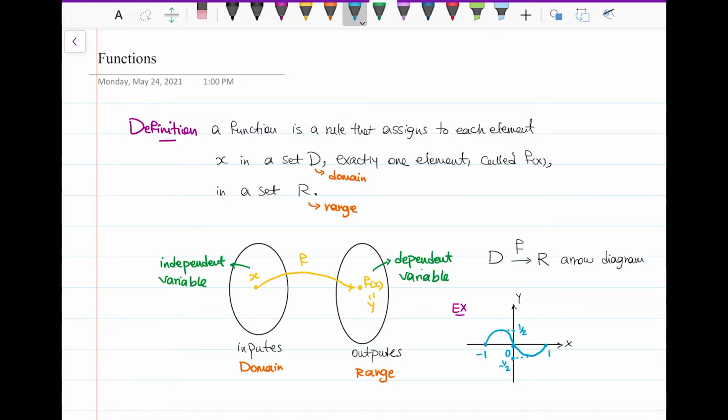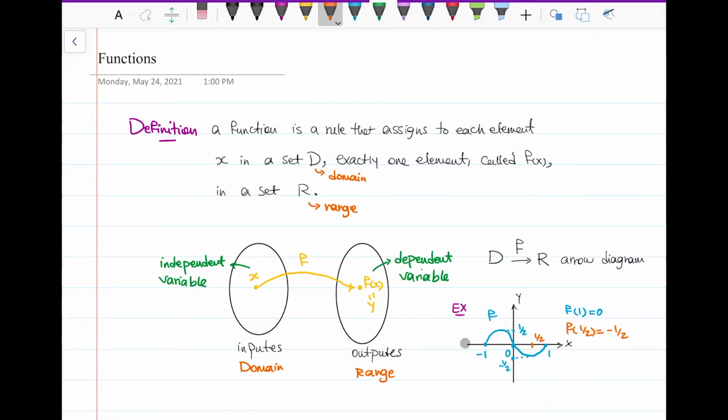This point is 1/2. If this is my function, f of 1, so the element 1, which is in the domain, goes to the element 0 in the range. It's just because the value of the function at the point 1 is 0. f of 0 is also 0, but f of this point, just assume this point is, for example, 1/2, f of 1/2 is equal to -1/2.